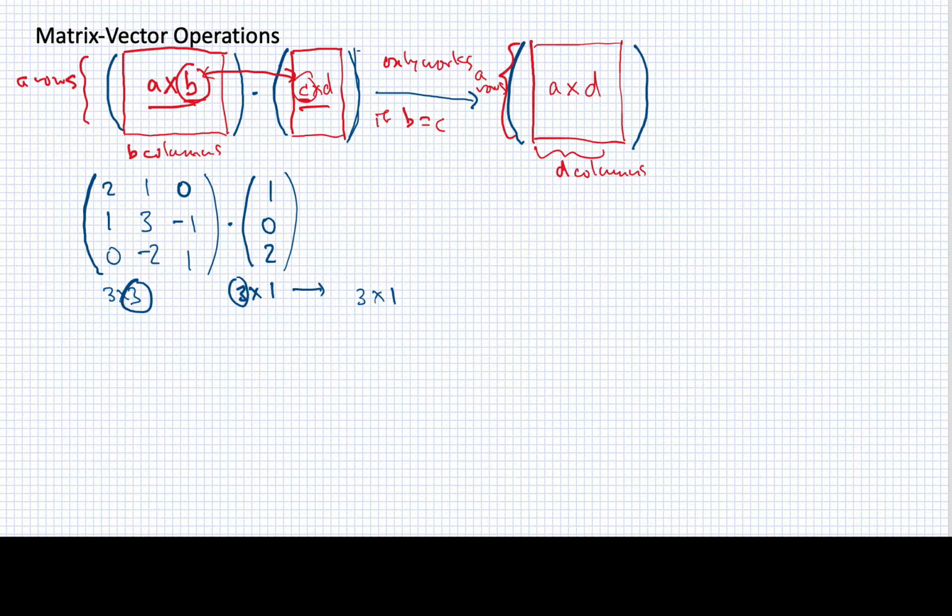All right, but how do we go about getting that result? Well, the way we do it operationally is I'm going to repeat this matrix over here on the right, but I'm going to leave a little bit of space. So I have 2, 1, 0, and I'm going to leave a little bit of space. I'm going to have 1, 3, minus 2, and I'm going to leave a little space. I'm going to have 0, minus 1, and 1.